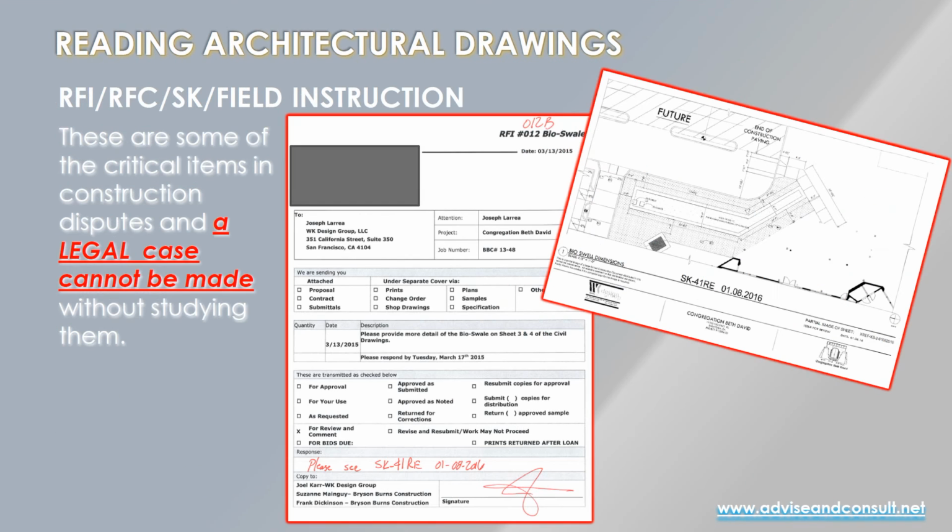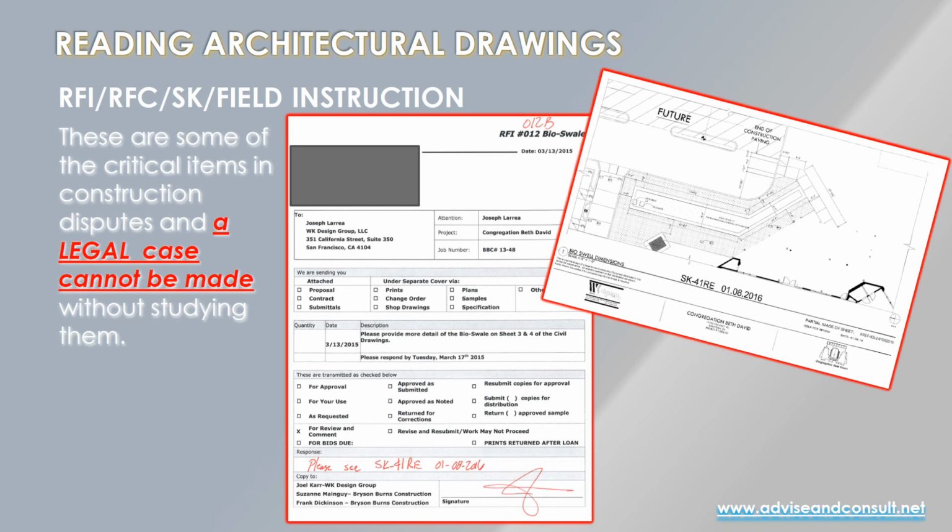And then, very important for you all in legal cases, you cannot make any legal case without the entire RFI, RFC, SK, and field instructions manual. And what that is, once construction begins, most people think, oh, the architect has drawn everything in the building.